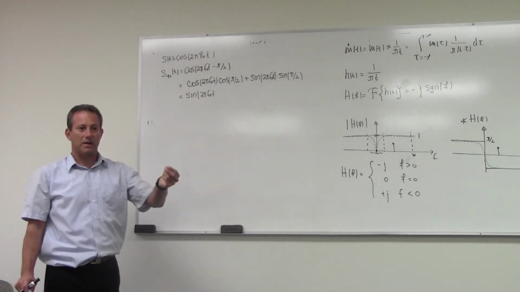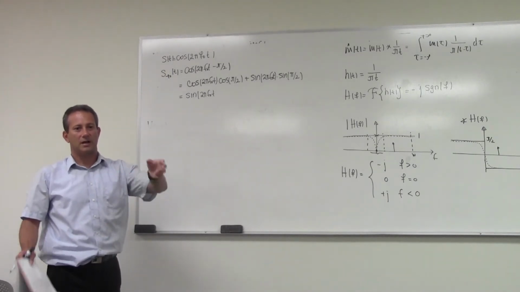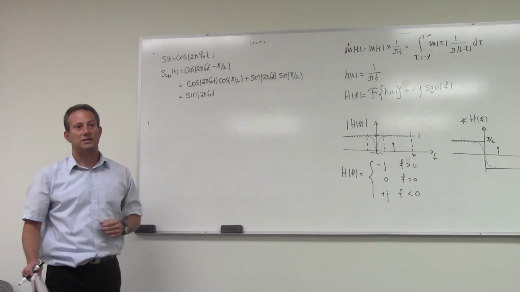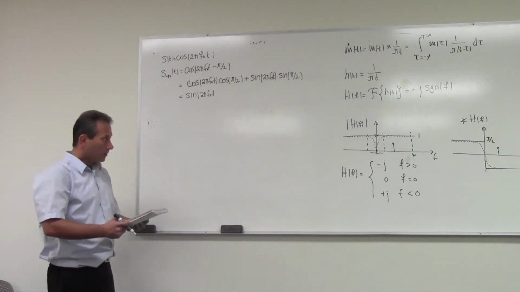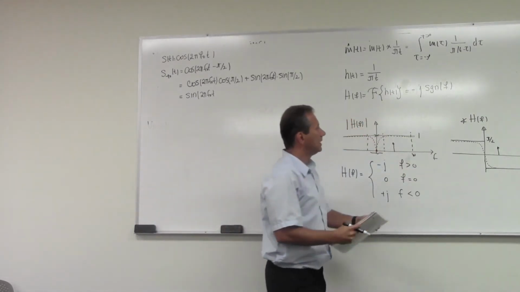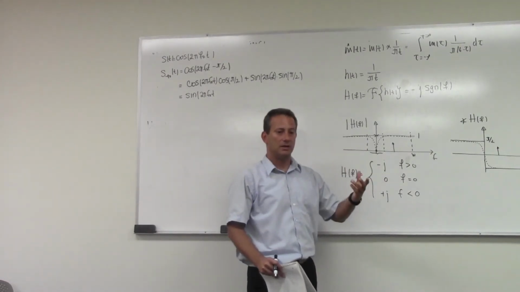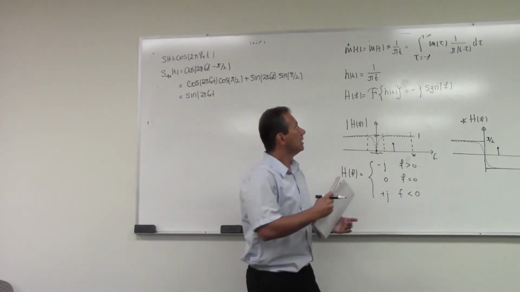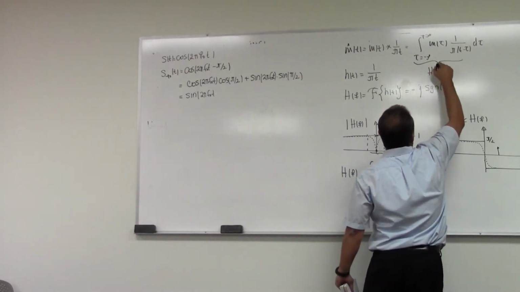Then I take m of t, multiply with cosine, multiply m hat of t with the sine, add them together, and this results in the cancellation of one of the sidebands. So this transform has its name. The transform that takes the spectral components of the signal and delays them in phase by pi over 2 is called the Hilbert transform.